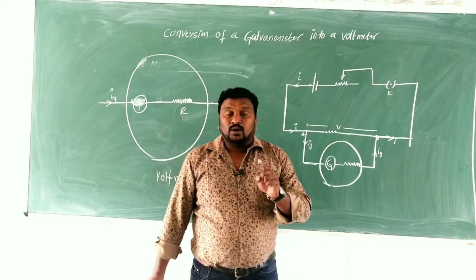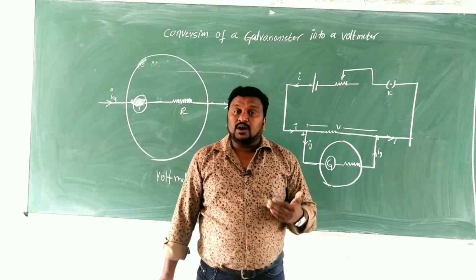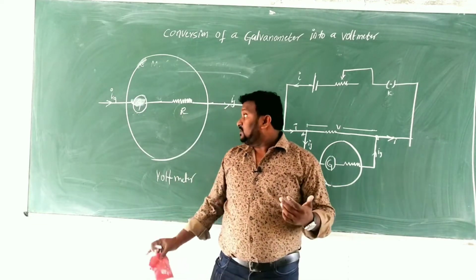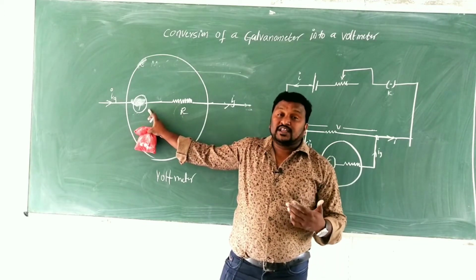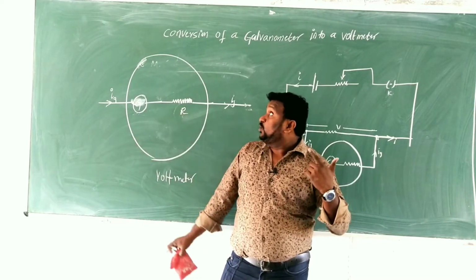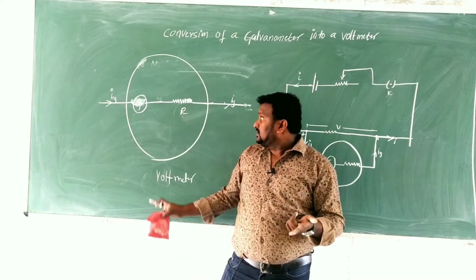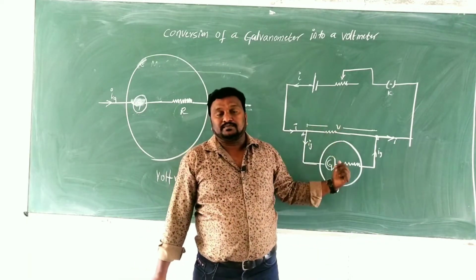Clear? How is it converted? When a high resistance value resistor is connected in series to the galvanometer, then the galvanometer acts as a voltmeter. Clear? This voltmeter is again connected in parallel to this circuit.